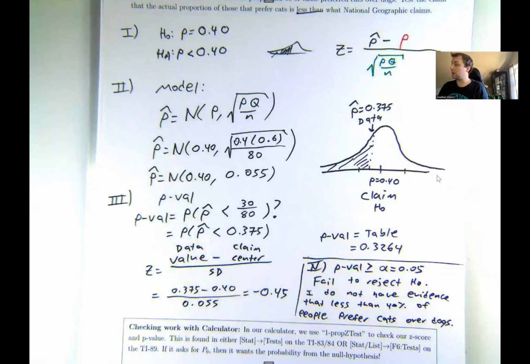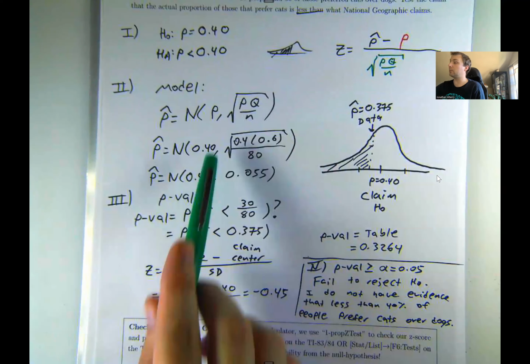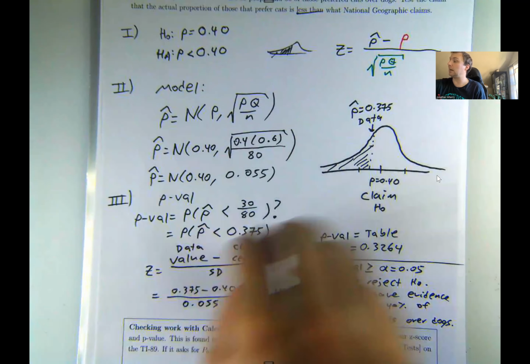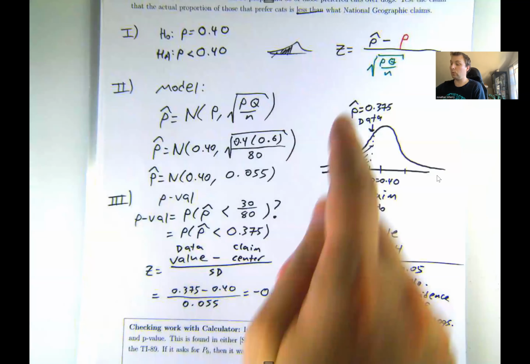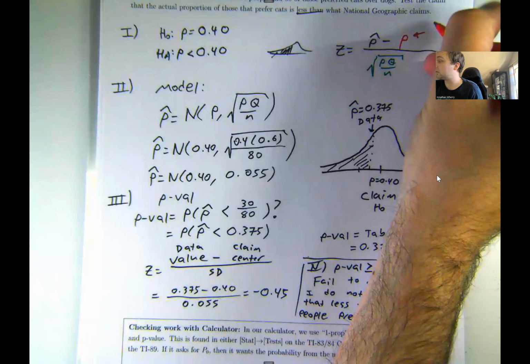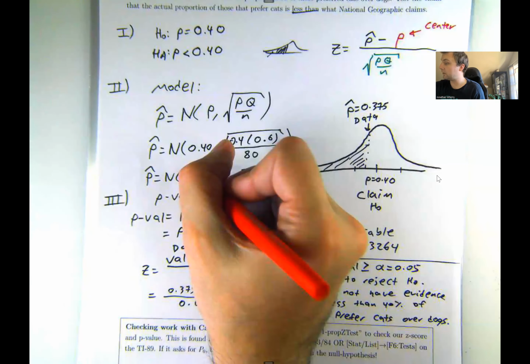Now, if you were to do this, you would see that you get the same values as you had for your model over here. So it's not really a different formula as much as it's just taking this and writing it as a single step. So when you're looking at this model, the thing that you're subtracting is your center. And that's the same center as you have over here.